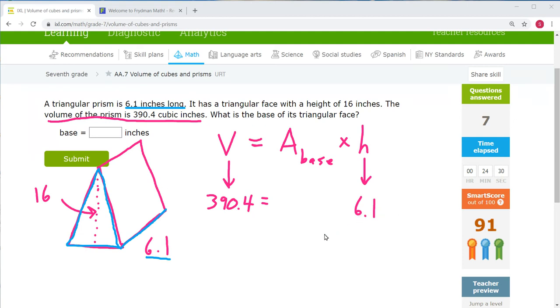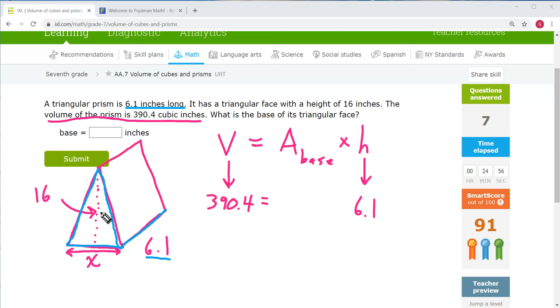Okay, so I'm going to put the 6.1 over there. And now, to find the area of the base, I'm just going to put an X over here to mean the length from here to here. Now, the base here is a triangle.